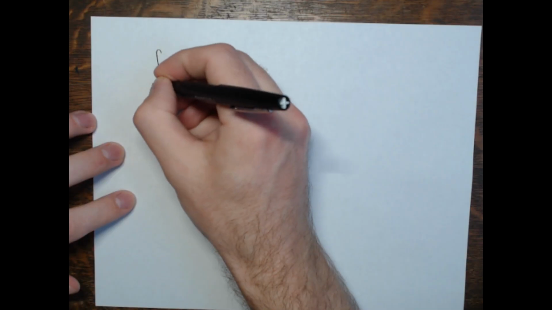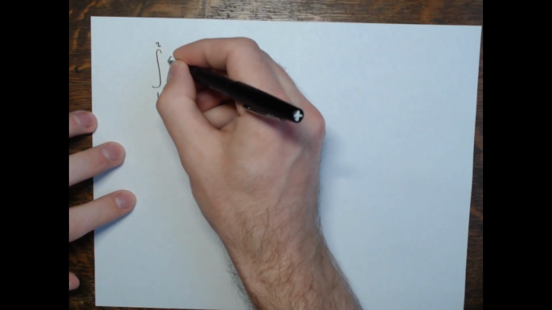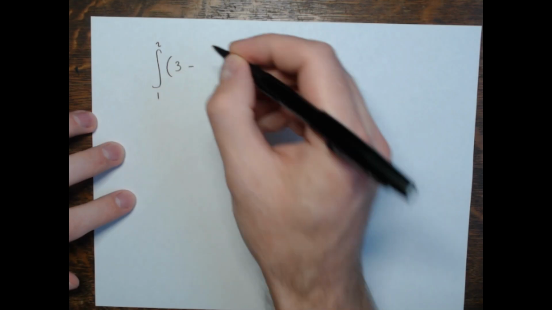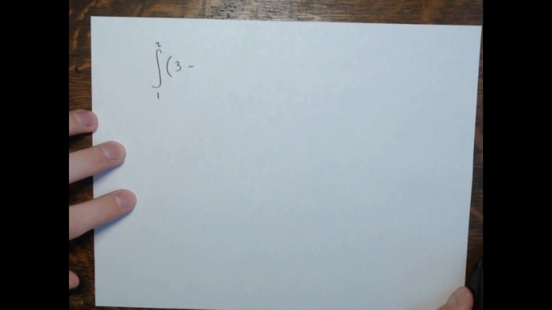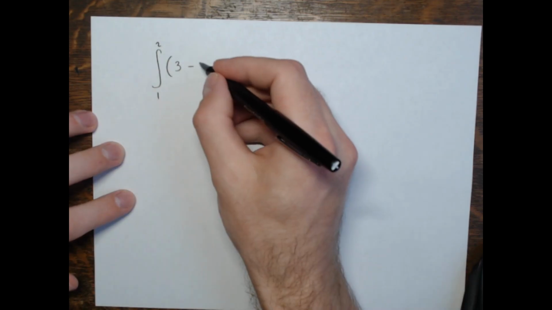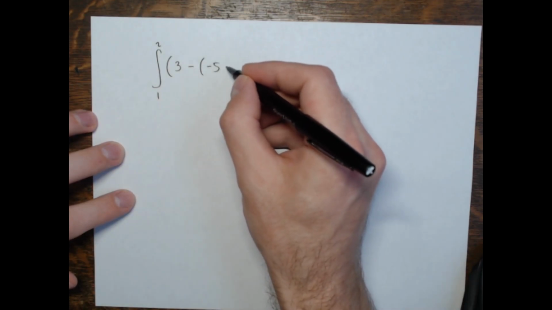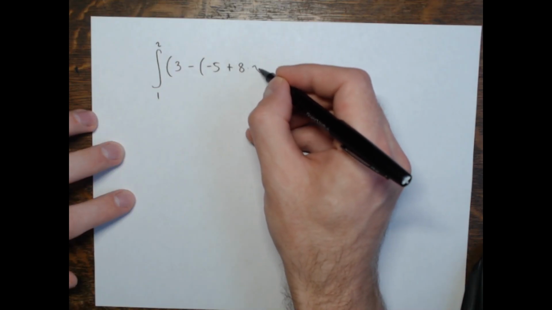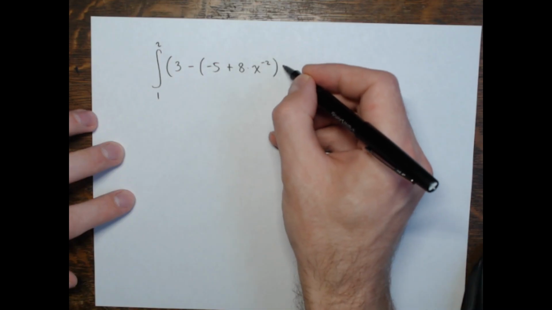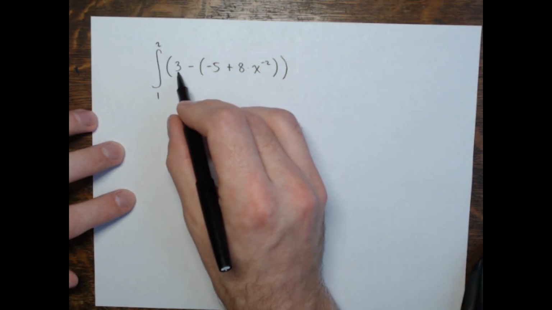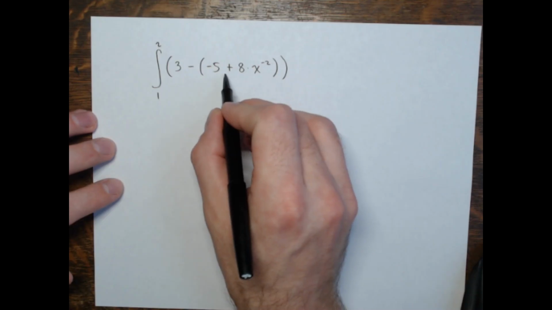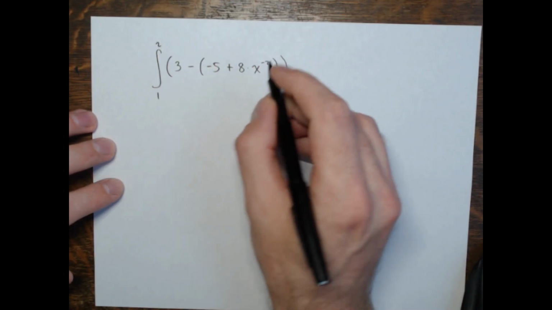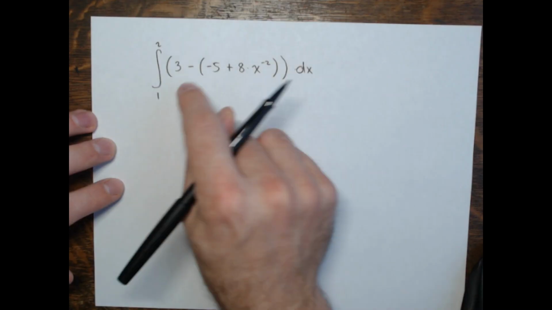So again, just over the interval from 1 to 2, y equals 3 was on top, and y equals f, this negative 5 plus 8 over x squared, I'm going to rewrite as 8 times x to the negative 2. So there was y equals 3 on top, and then y equals negative 5 plus 8 over x squared on bottom, just from 1 to 2.